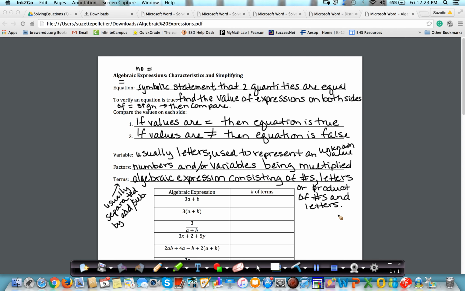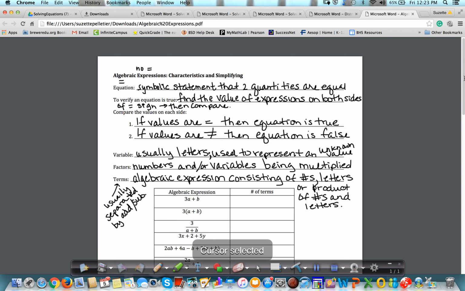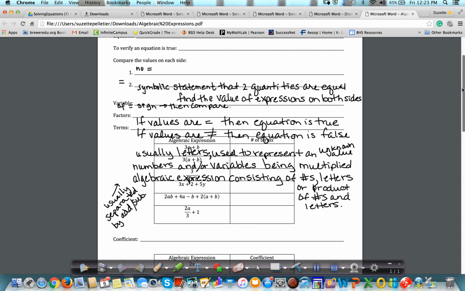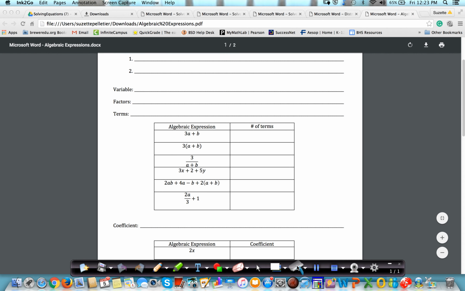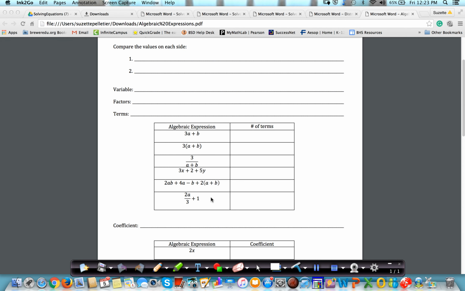So you have in front of you a chart that has algebraic expression on the left and number of terms on the right. We just said that terms are algebraic expressions consisting of numbers and letters or products of numbers and letters. So we are going to scroll the page a little bit, and then we're going to decide the number of terms in each of these algebraic expressions.